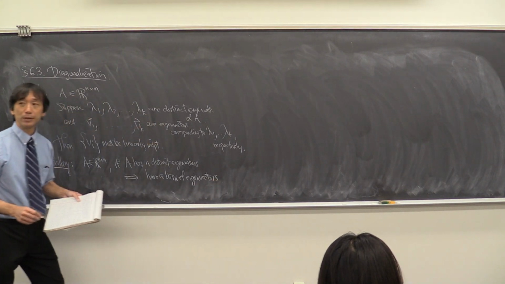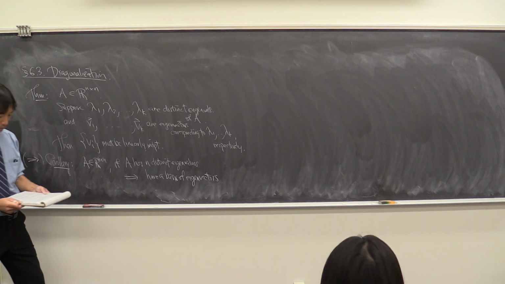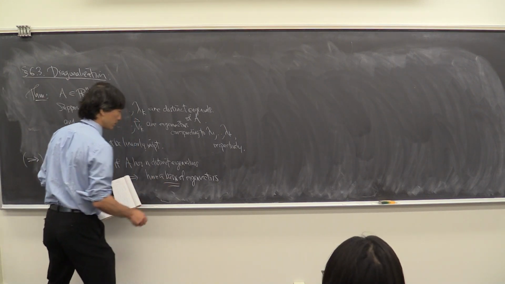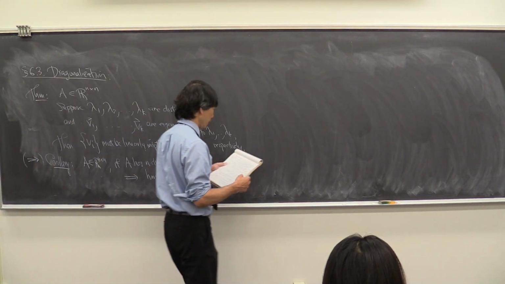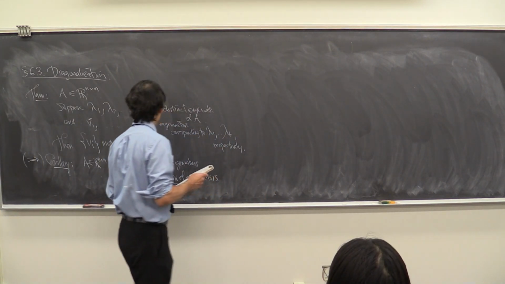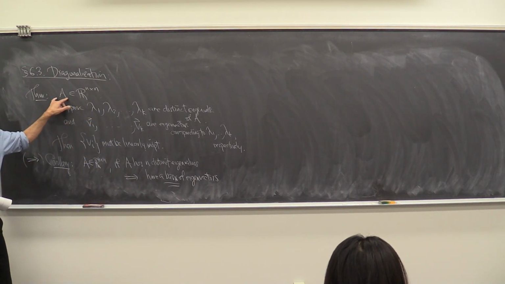You're guaranteed a basis of eigenvectors. Okay, and that's a good thing. That's desirable. It basically says that your matrix is very simple.